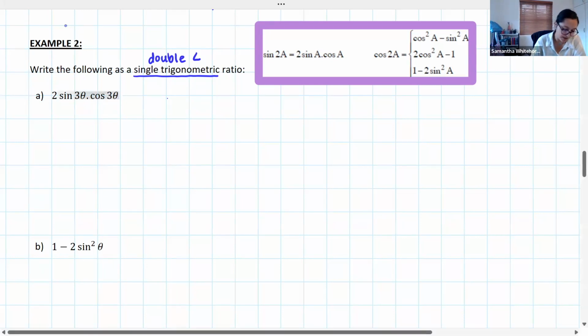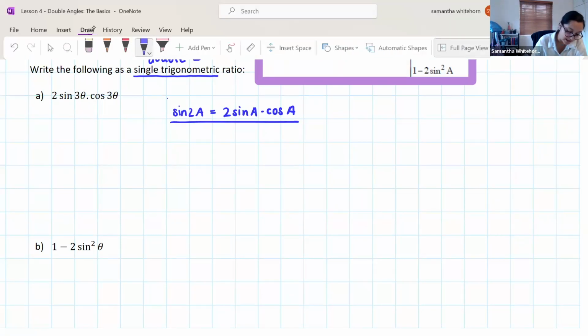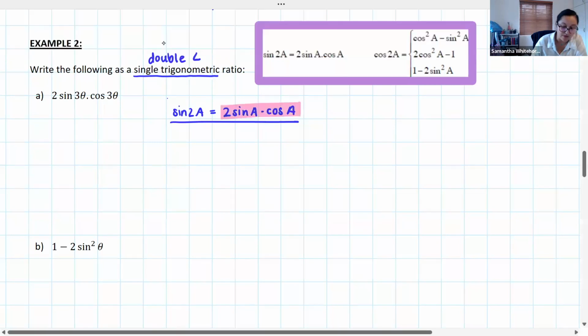I'm okay with that. And so we are using the identity that says to us that sine 2A is equal to 2 sine A times cos A. What we have been given is the right-hand side of this identity, so I've been given the expanded form.